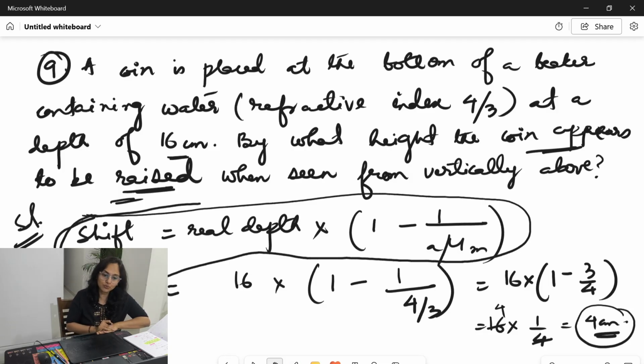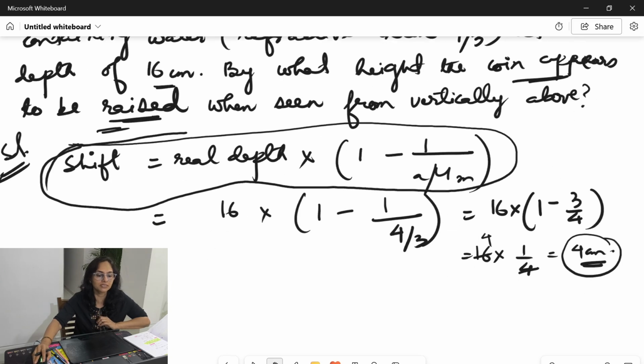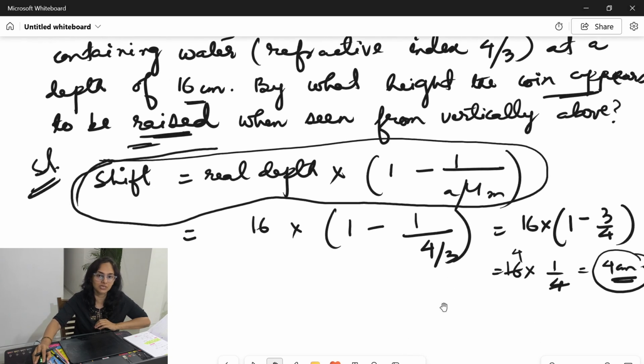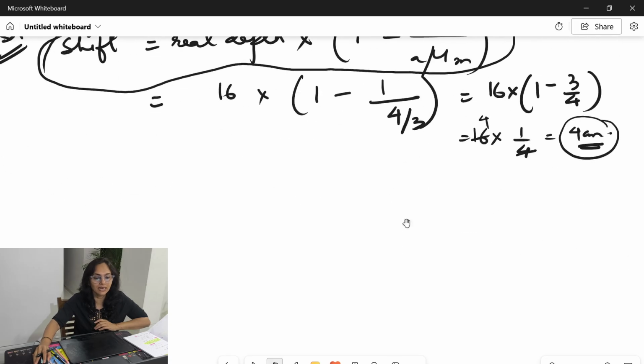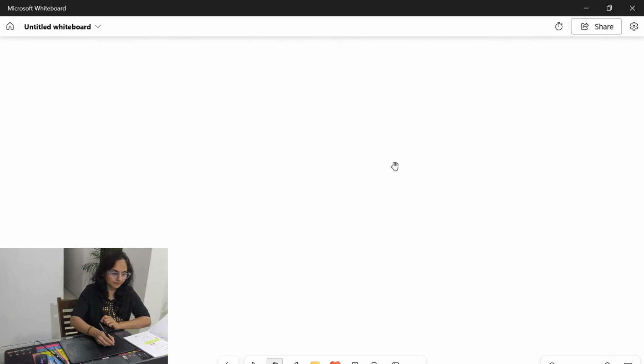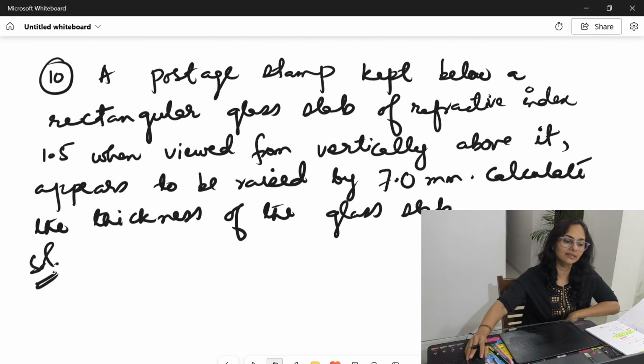Let's take one last question similar to this, and that mostly covers all the questions that come from this chapter, that means the numerical type. Okay, so let's take the last question, number 10. Have a look at this question, similar to the previous question.